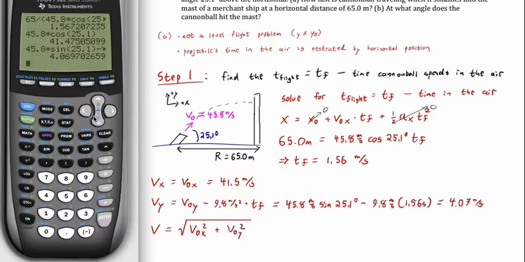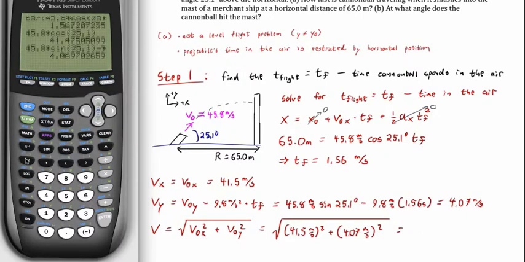And so then the number we're going to get is the square root of 41.5 meters per second quantity squared plus 4.07 also squared, all inside the square root. So we'll use the calculator to do this.